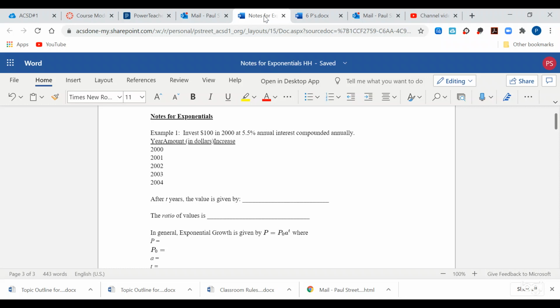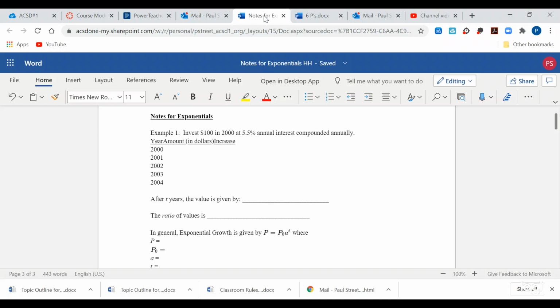Now the second question there is the ratio of values. The ratio of values is the amount you had in 2001 divided by the amount you had in the year 2000. So 105.50 divided by 100 is that ratio.